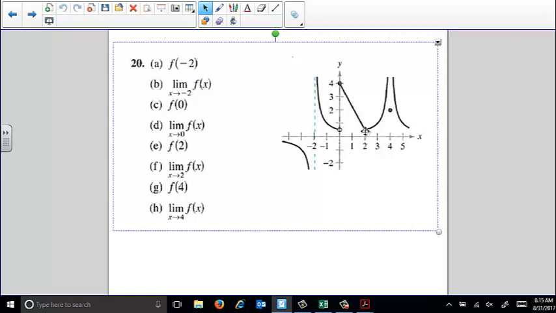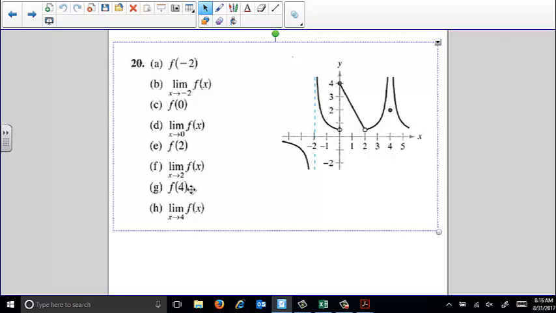So here's 2, and this function is approaching some value of y, which is what value of y? If I go over here horizontally, this is 1, so that's probably a half, yeah. And if you come from the right-hand side, this part of the function is still approaching a half. So in this case, the function does not exist, but the limit does exist, okay?